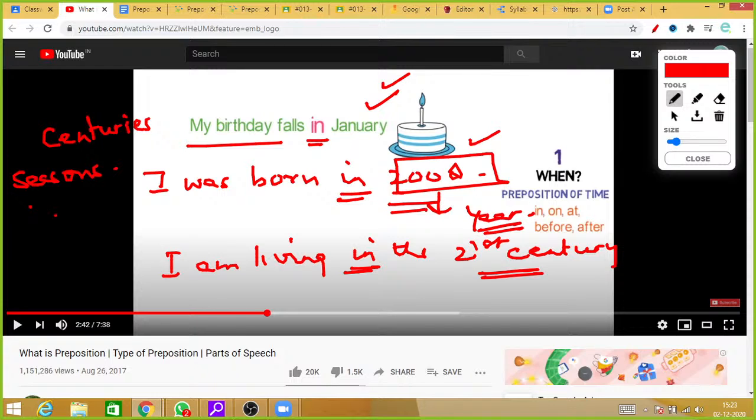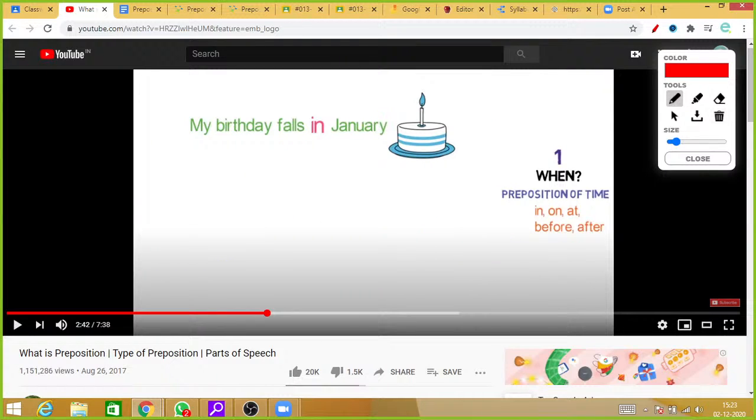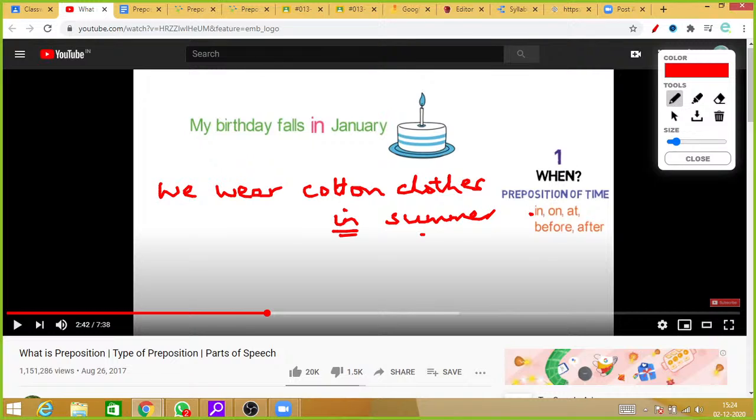So somebody went to Goa in summer season. So which are the four seasons? Summer, winter, autumn, and so we are talking about, yes, very good. We wear cotton clothes in summer. Very nice. So we are talking about summer now.